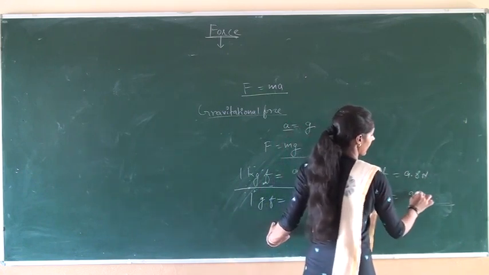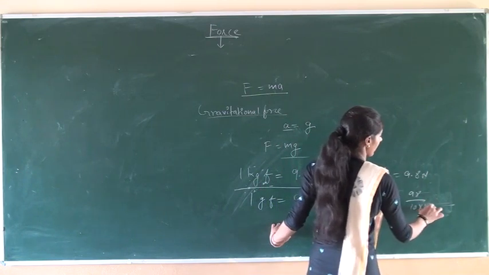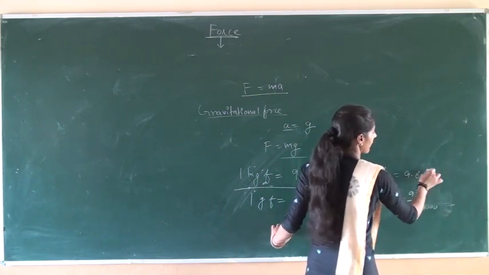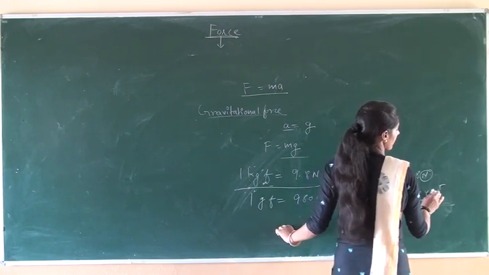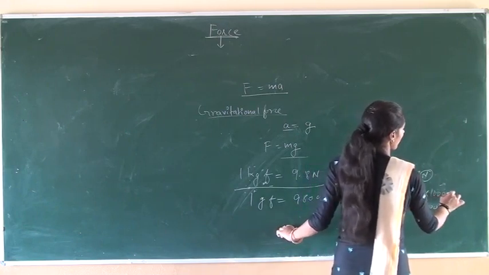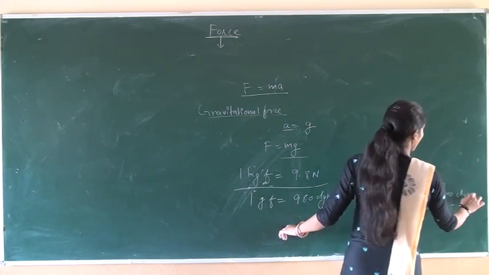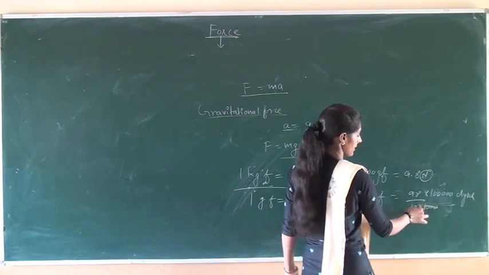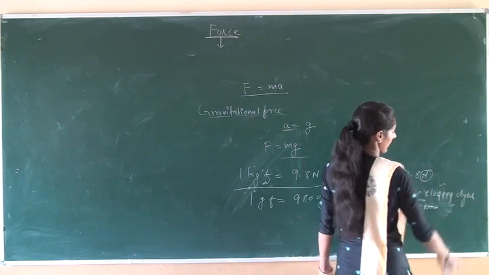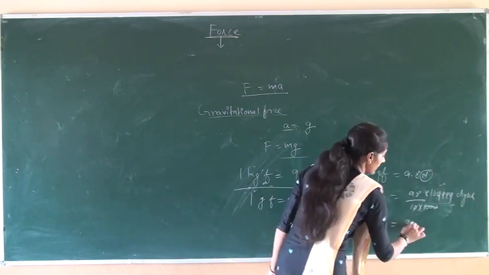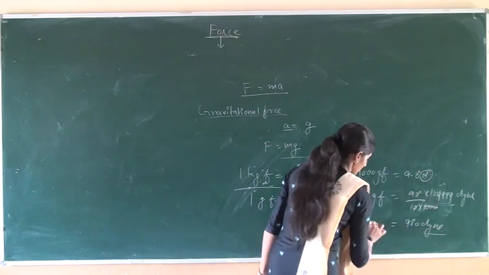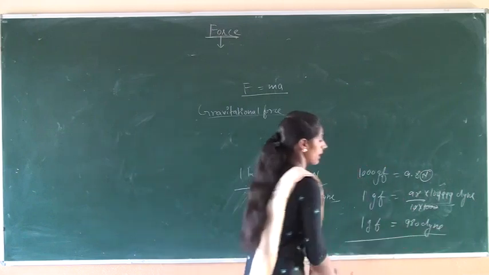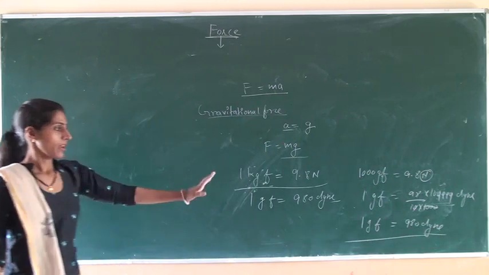Now 980 divided by 10 divided by 1000, and 1 Newton is equal to 10 raised to power 5, 5 means 1, 2, 3, 4, 5, Dyne. So here these 4 zeros are cancelled out. And what is the remaining? 980 Dyne. 1 gram force is equal to 980 Dyne. Understand?